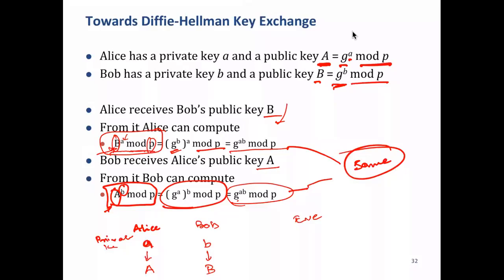If she combines these two, if she multiplies these two, she will get G raised to the power a plus b mod P. Now this is not the same as G raised to the power ab. All right, so that's the trick.